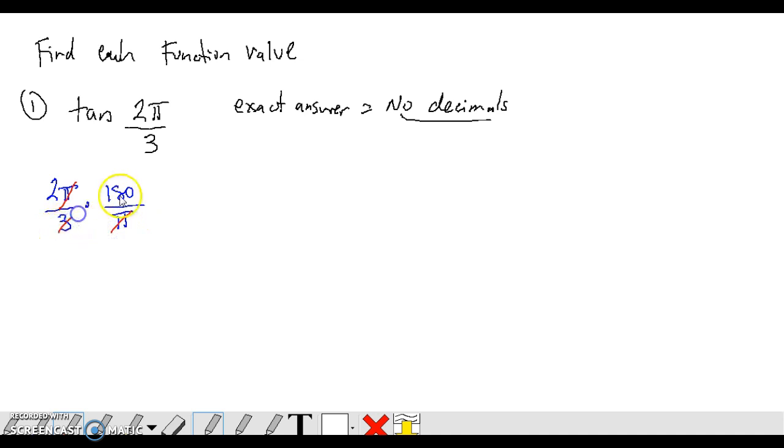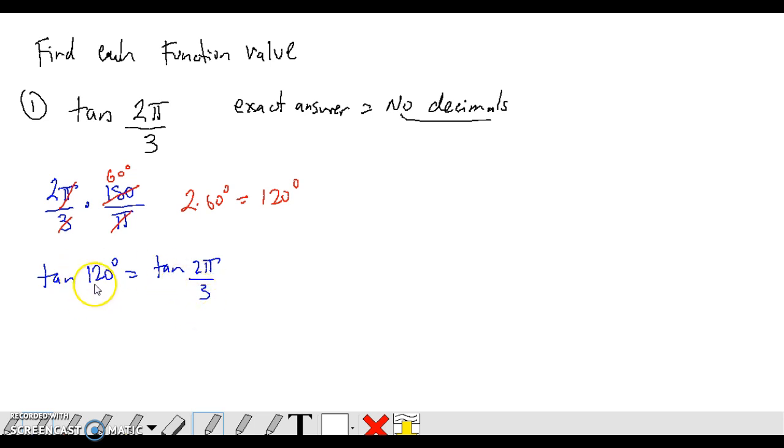The 3 will go into 180 60 times. And then we're just going to say 2 times 60, which gives us 120. So tangent of 2 pi over 3 is the same thing as tangent of 120 degrees. They are both equivalent to each other.